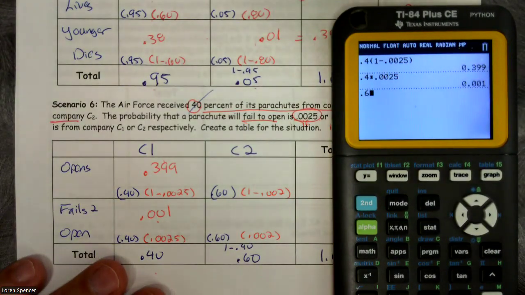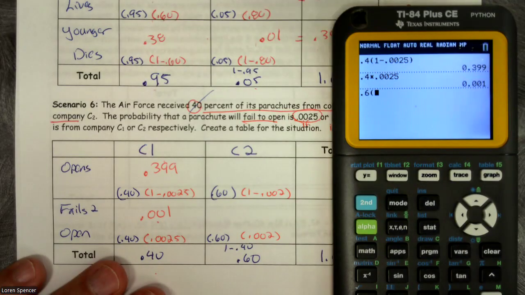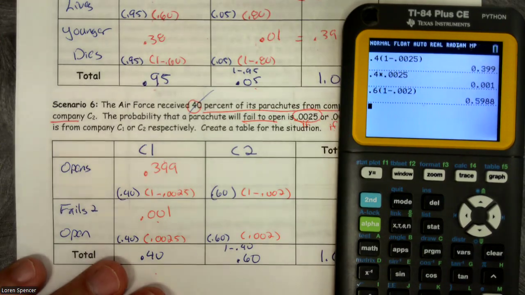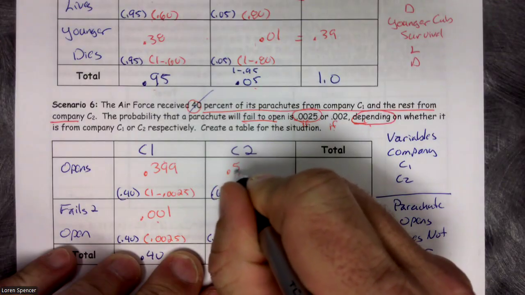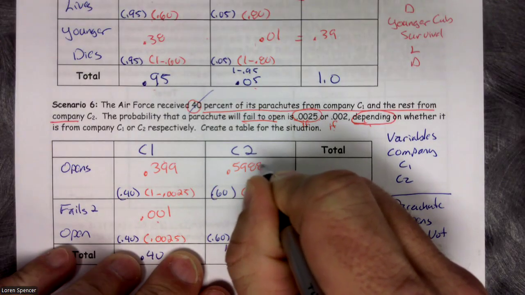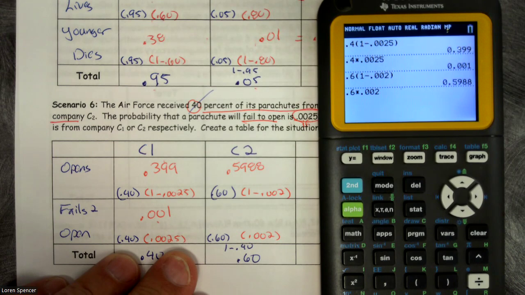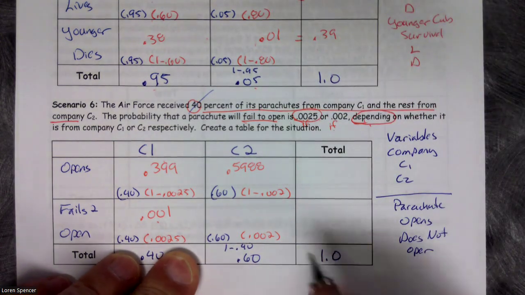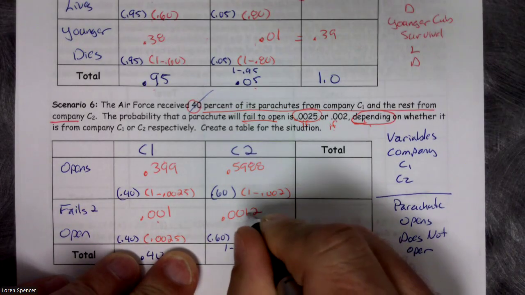So 0.6 times parenthesis 1 minus 0.002 is 0.5988. And 0.6 times 0.002 is 0.0012. This plus this equals this.